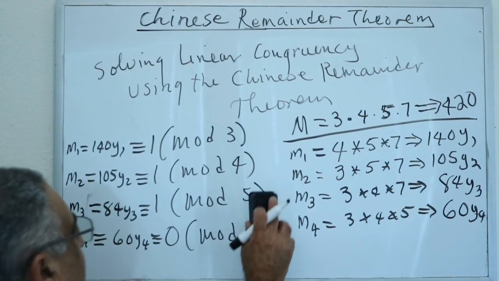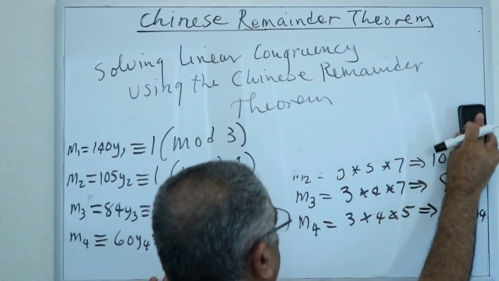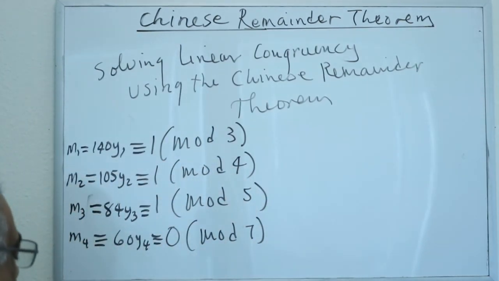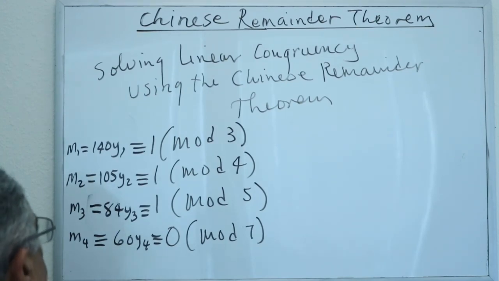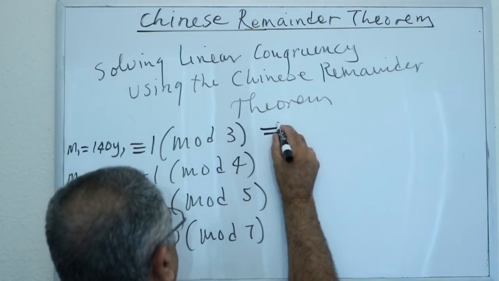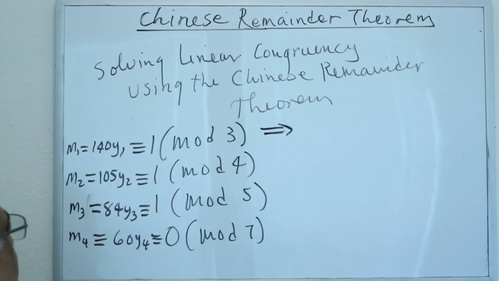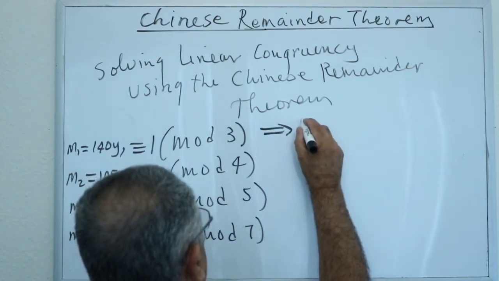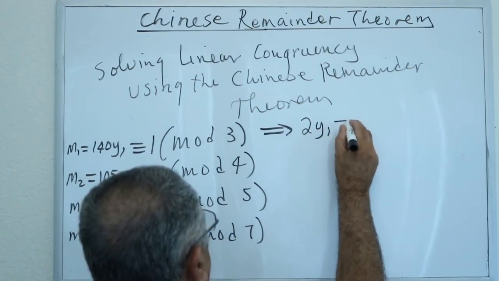Now I have to clear this side here since it's recorded. If I take 140 and I use the modulus by 3, that gives me 2y1.